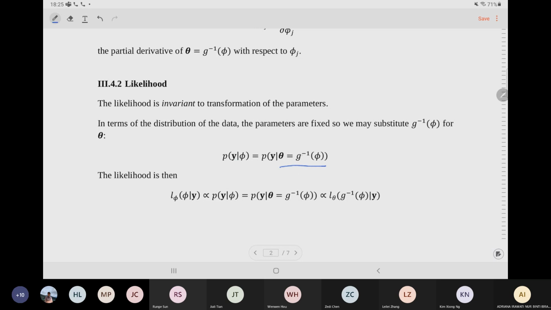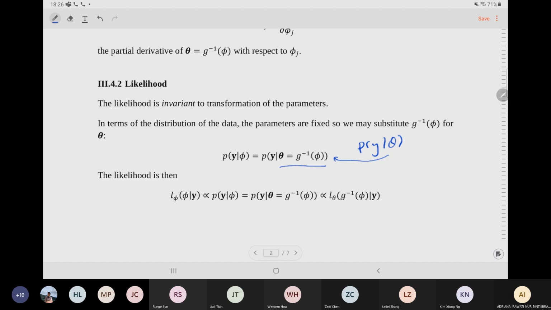I put g inverse phi inside the original likelihood, simplify, and that's my likelihood.